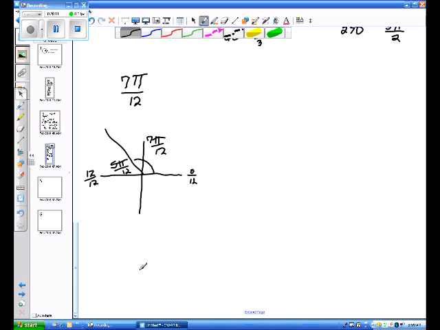And you could change those degrees if you wanted to, but I want you to learn to work with your radians just as easily as you work with degrees.